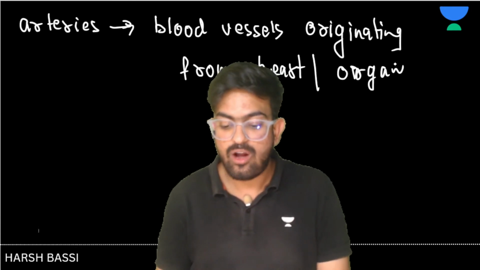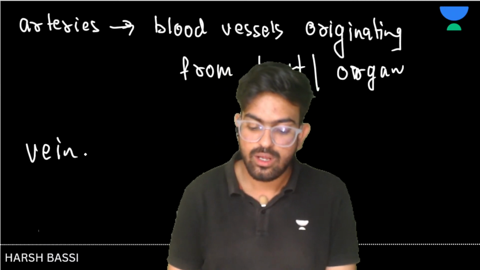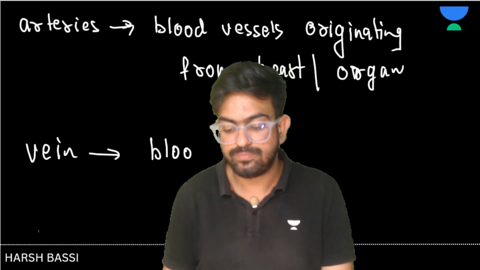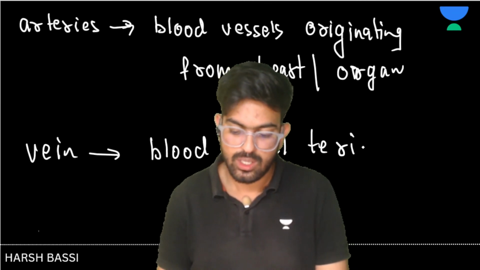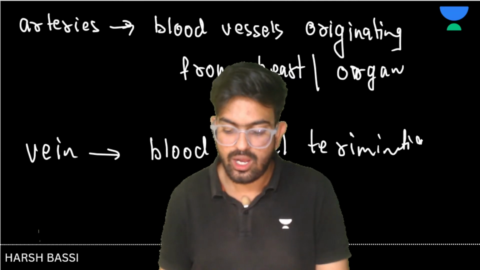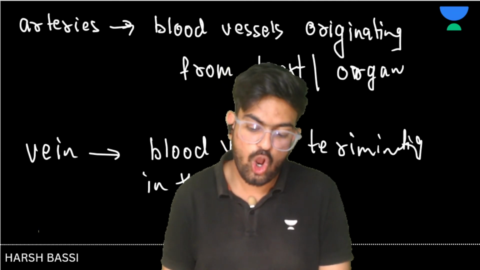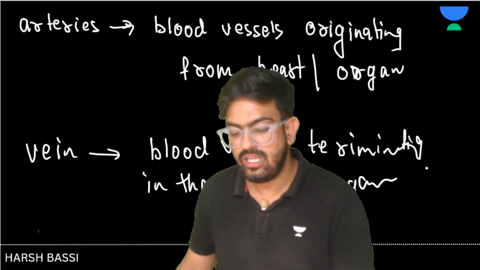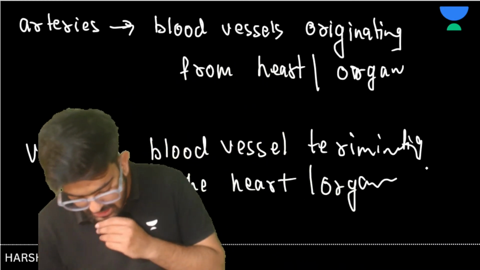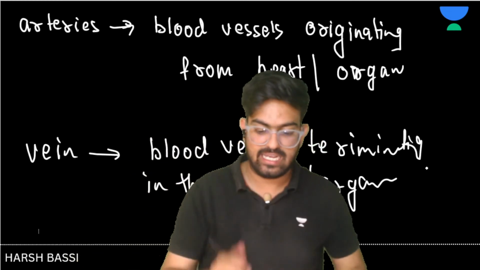Vein is a blood vessel terminating in the heart or any organ. This is the proper definition of arteries and veins, right?